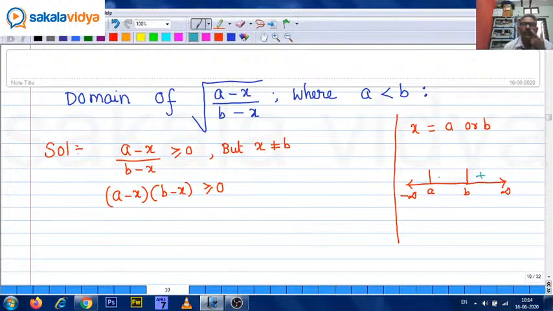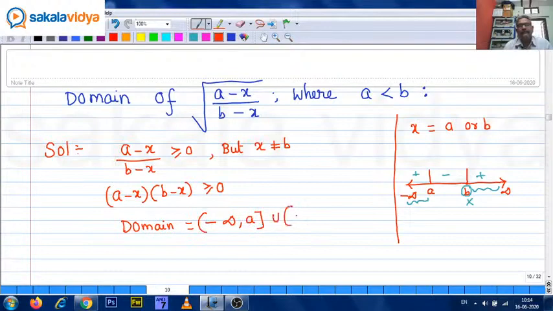And now what is the b minus x power? B minus x power is actually odd power, minus and plus. So here to here and here to here. Now b is not included. So domain equals minus infinity to a union b to infinity. Okay, right.